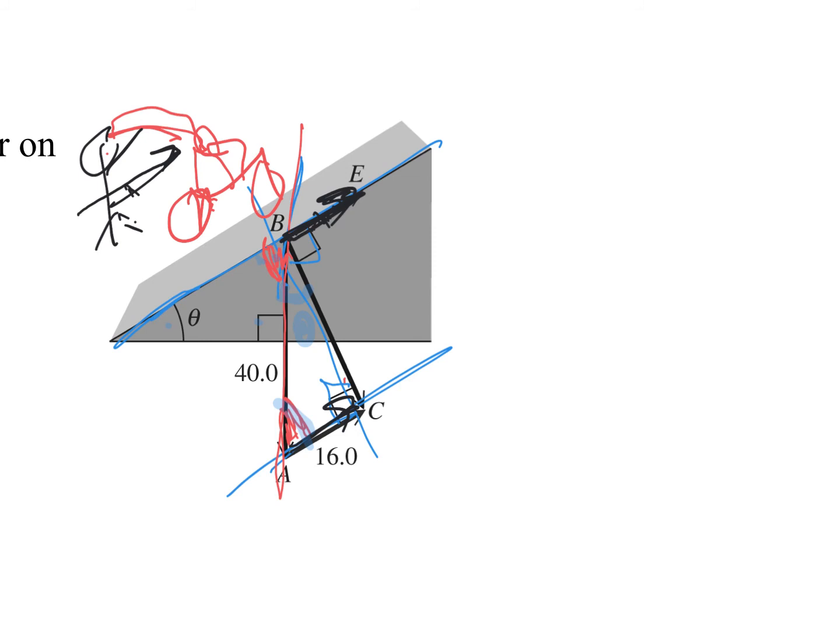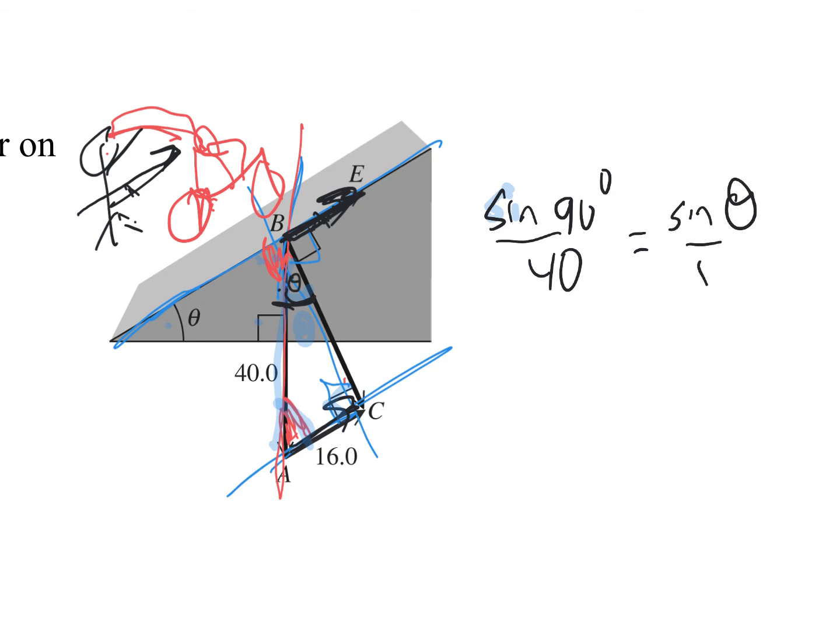I can say this angle pairs up with 40, so I go sine of 90 over the 40 has to equal, for this angle here, and I'm telling you, it was theta, remember? Sine of theta, I don't know, over 16.